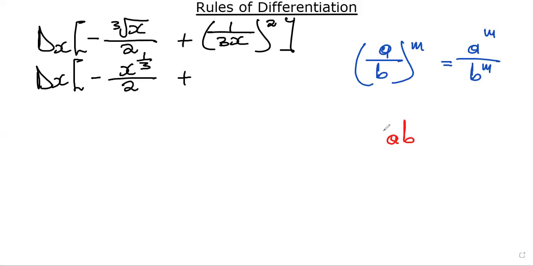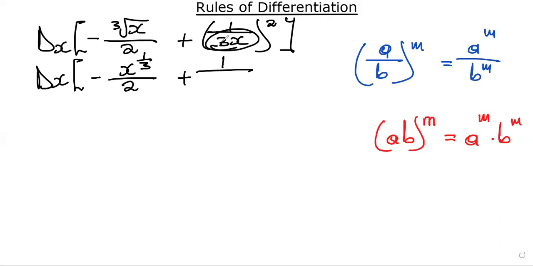Then we remember a rule that says, if you have ab raised to the m, it's the same as a to the m times b to the m. So 1 squared, it's just going to be 1. And then 3x squared, well, you say 3 squared, it's 9, and x squared, it's x squared.